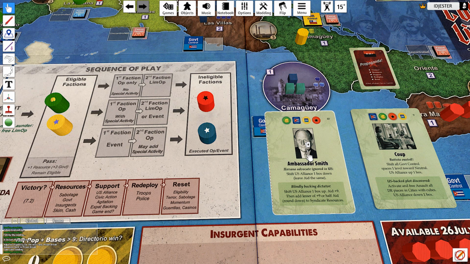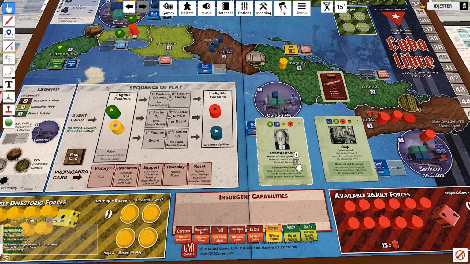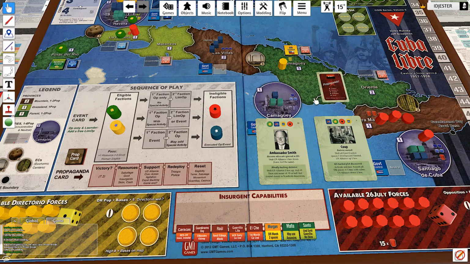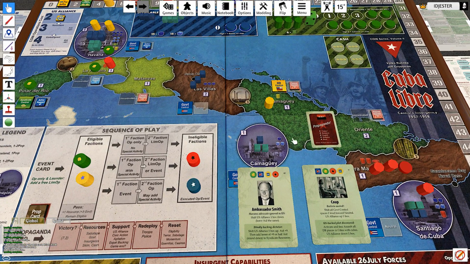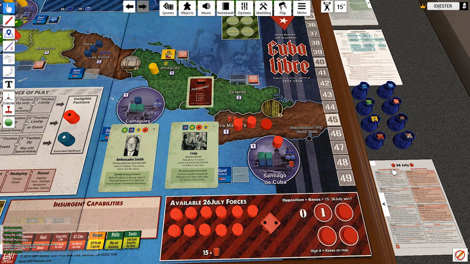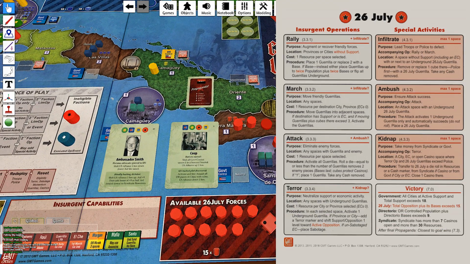So a lot of really good strategic thinking, a lot of decisions that you have to make constantly, so many tough decisions. Man, I could attack, but if I attack, then I don't get to bring more guys on the map. Or I could rally and then infiltrate. Oh, that would be so good.